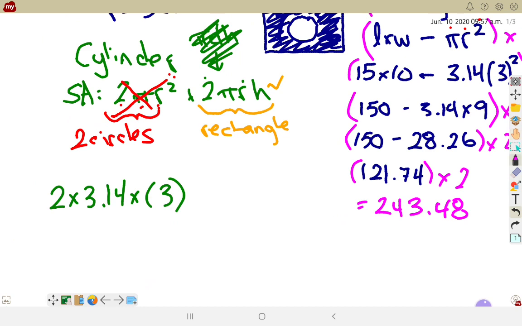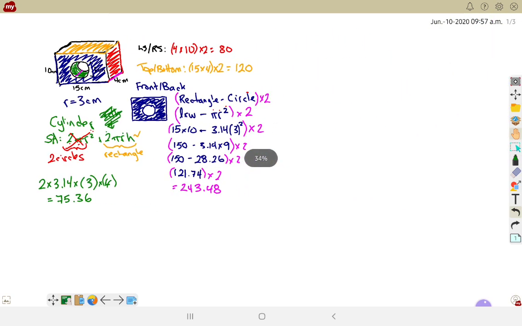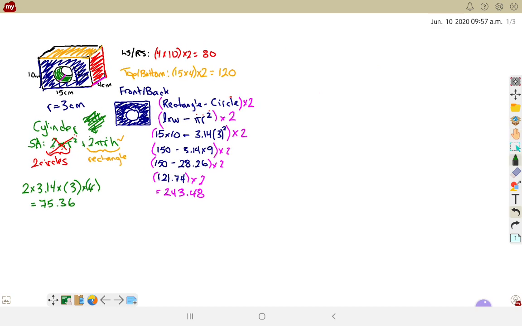So my height there is going to be 4. Okay, so we'll fill in the 4 for the height. So 2 times 3.14 times 3 times 4, if you type that all into your calculator, that is going to give you 75.36.